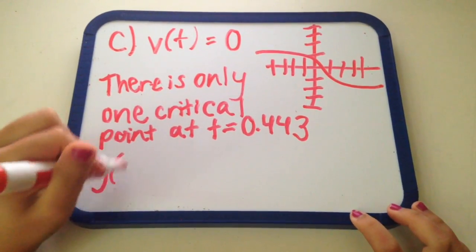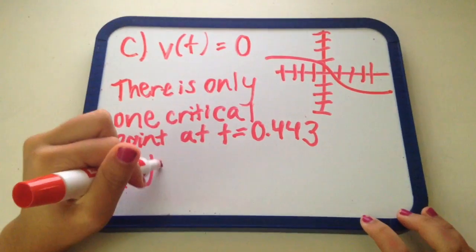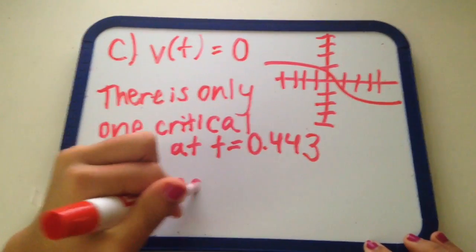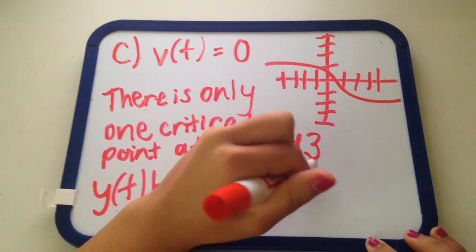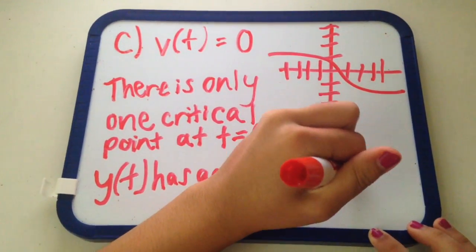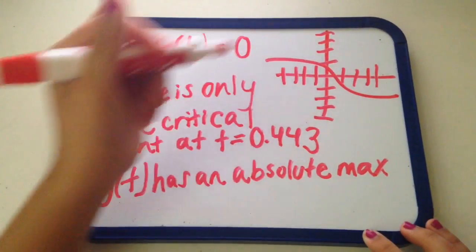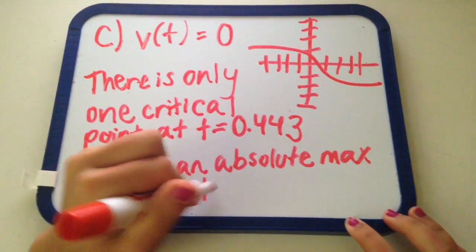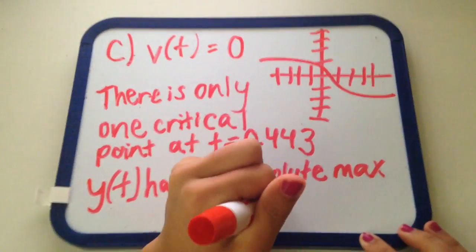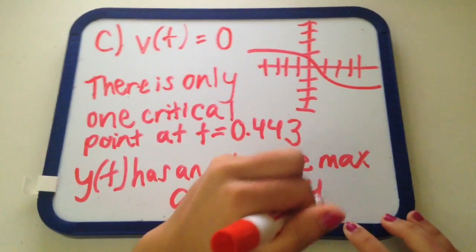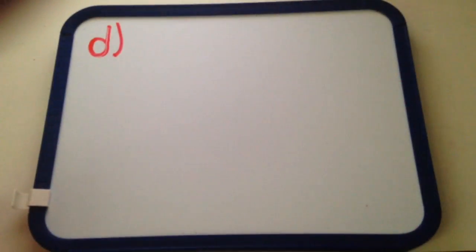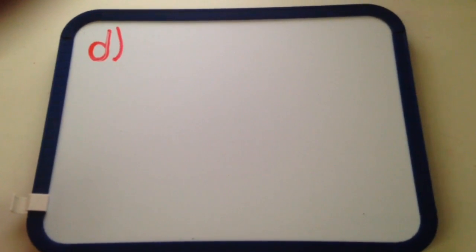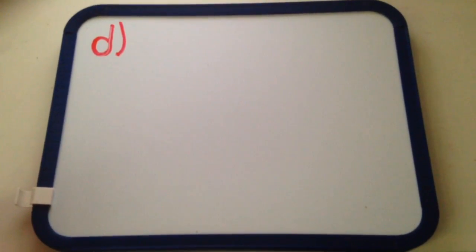Therefore, y of t has an absolute maximum at time equals 0.443.